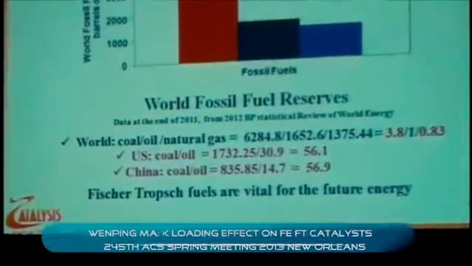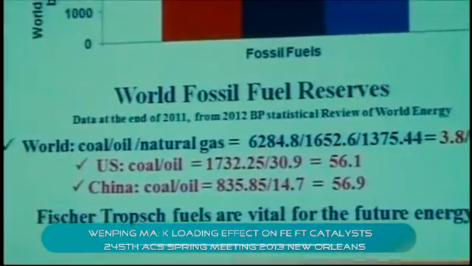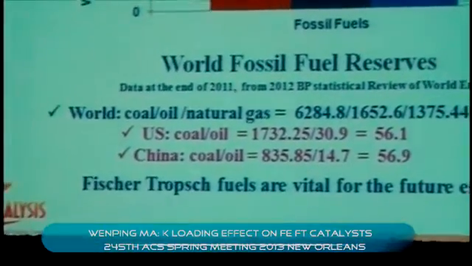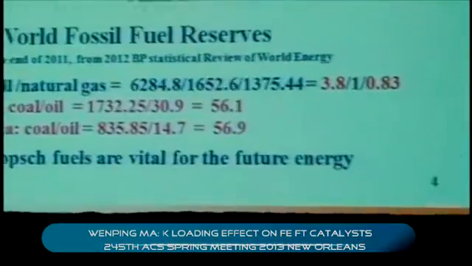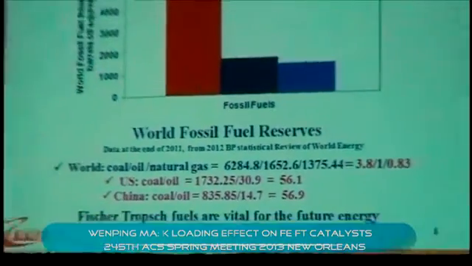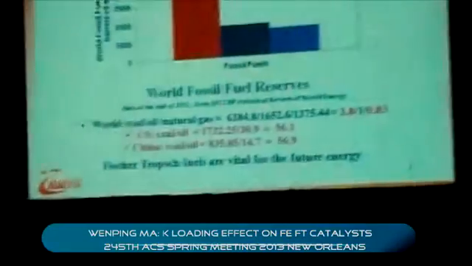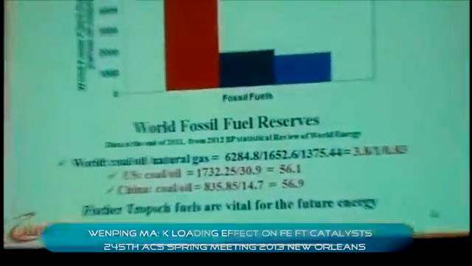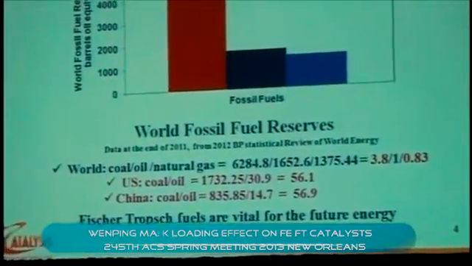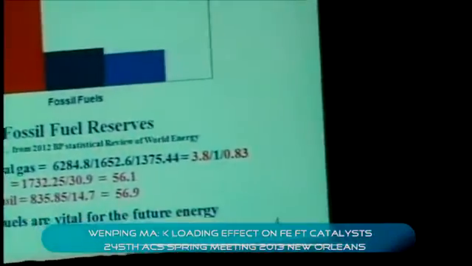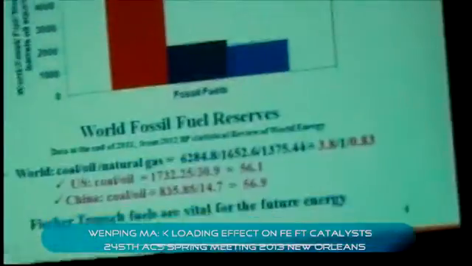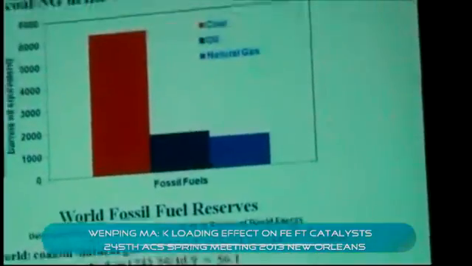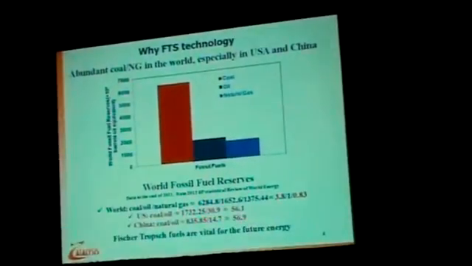If you look at this chart here, you will find out that coal, in red, and natural gas proven reserves in this world will be 5 times the oil. And in the case of USA and China, this number can be 60. So Fischer-Tropsch synthesis is apparently a viable route for the future energy.